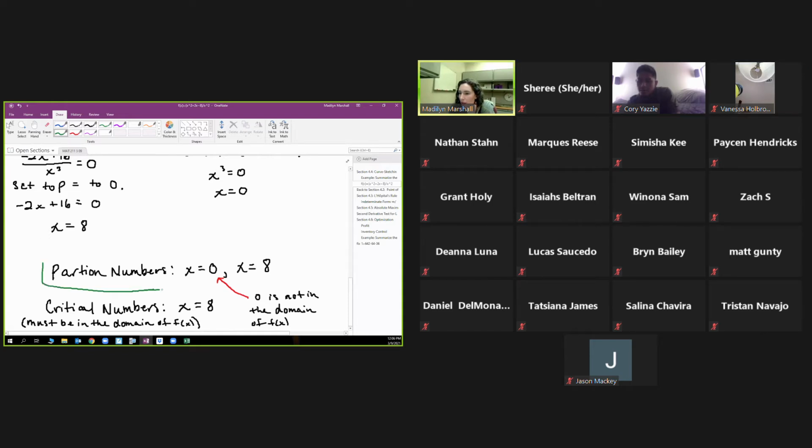So we found partition numbers, which includes everything that makes the derivative either 0 or undefined. And then we found the critical numbers, which are the partition numbers that are also in the domain of f. We're still on step 2, analyzing the first derivative.